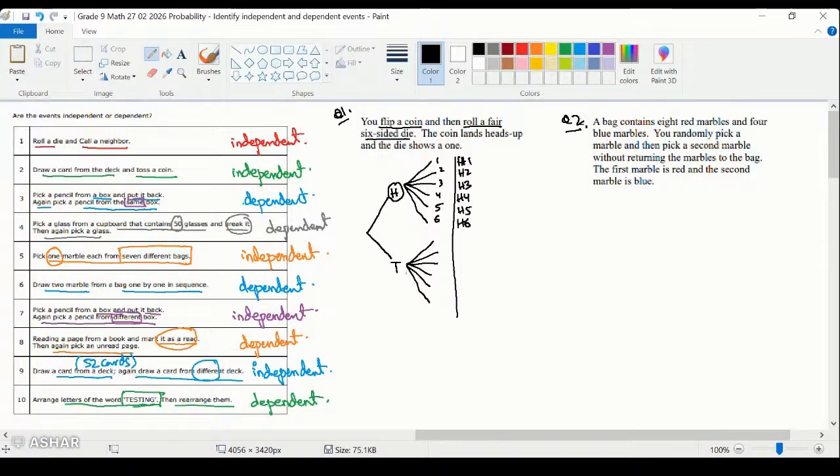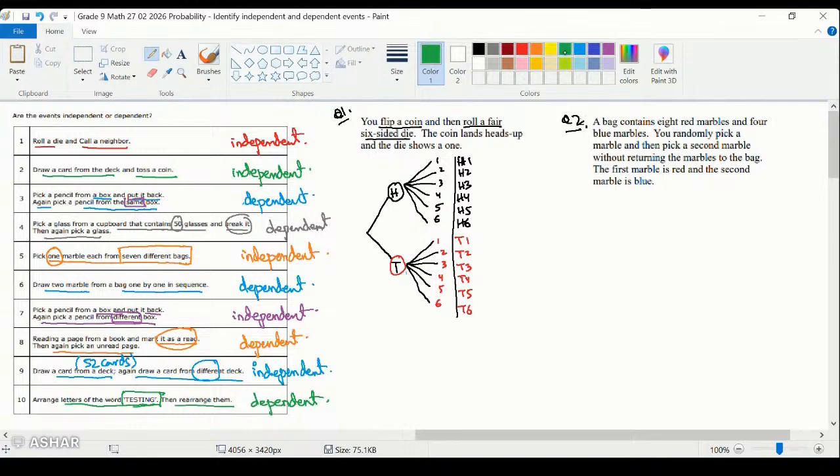But let's suppose we got a tail, can we have tail and 1, tail and 2, tail and 3, tail and 4, tail and 5, and tail and 6? Okay?